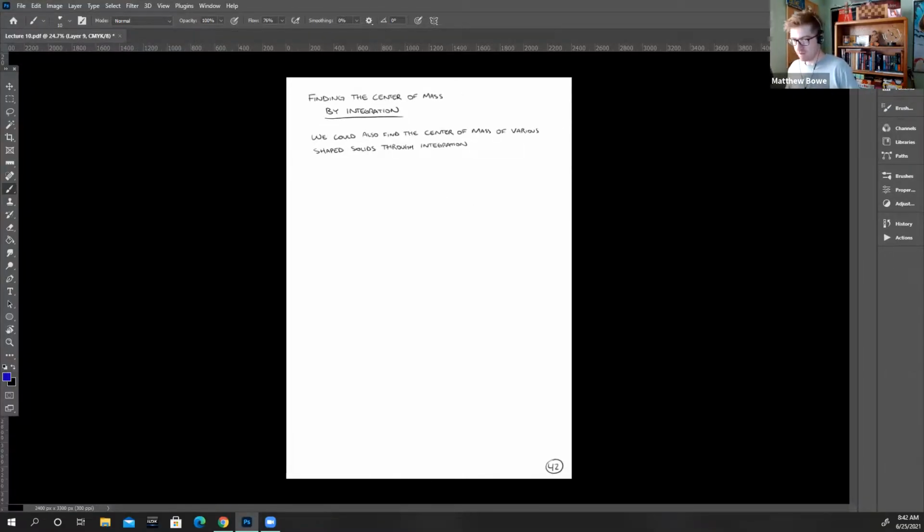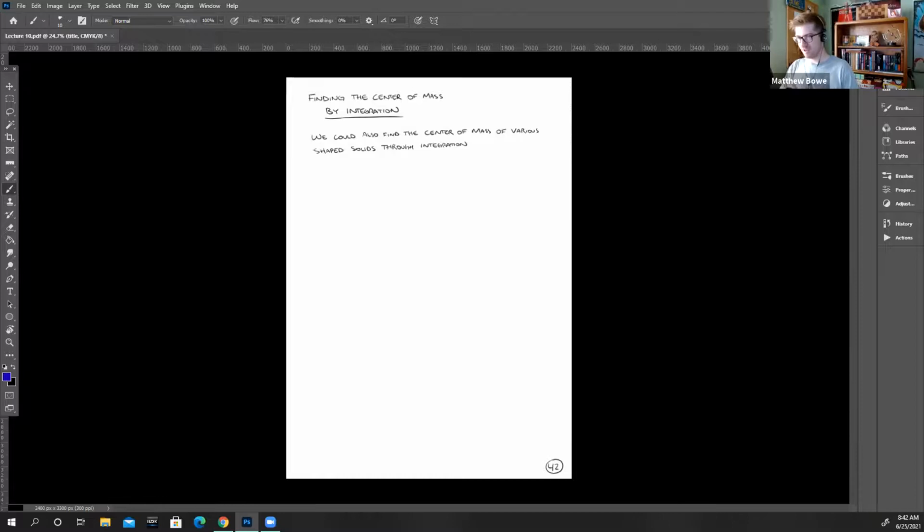What if the object we're trying to find the center of mass for does not look as nice as that did? What if it's a large arc of a metal beam that has a curve in it? Where is the center of mass for this thing?